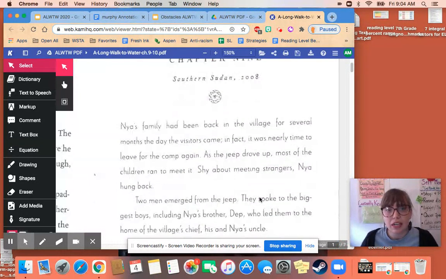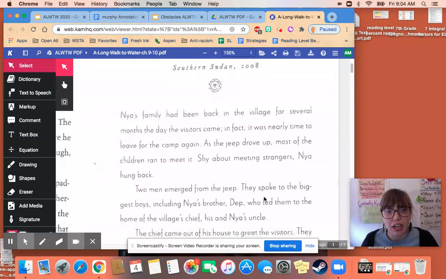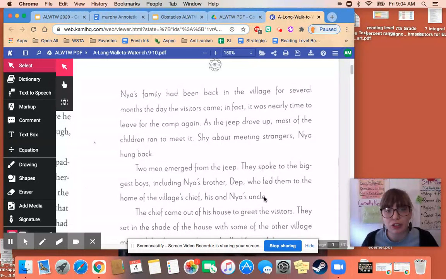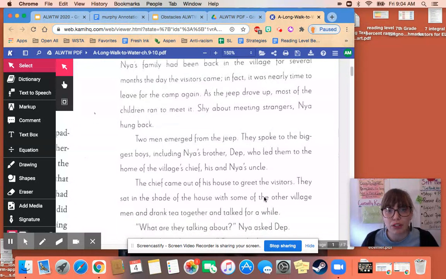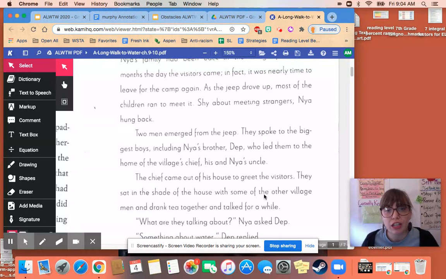Naya's family has been back in the village for several months. The day the visitors came, in fact, it was nearly time to leave for the camp again. As the jeep drove, most of the children ran to meet it. Shy about meeting strangers, Naya hung back. Two men emerged from the jeep. They spoke to the biggest boys, including Naya's brother, Depp, who led them to the home of the village's chief, his and Naya's uncle.